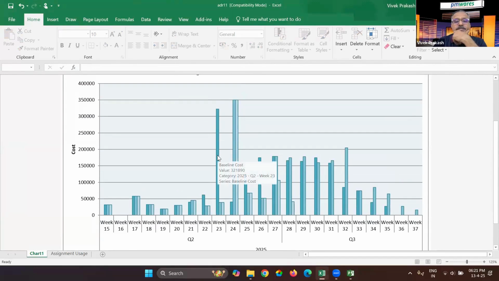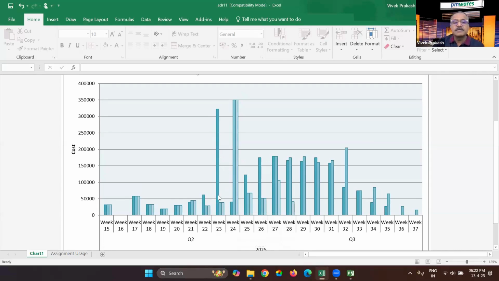This much was supposed to be done, but we did only this much. Here in week 24, only this much was supposed to be done, but we did this. You know what it means? The work which was scheduled in week 23 was actually done in week 24. That means the project is delayed by 1 week.